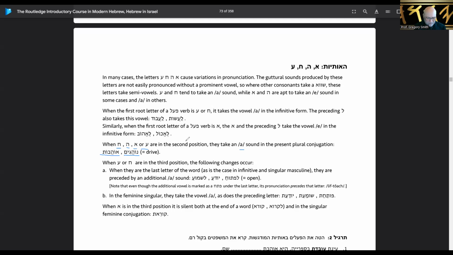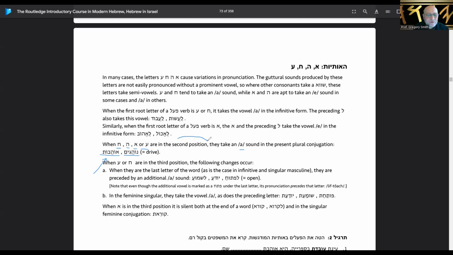Labaita. אנחנו נוהגים לביתה. We drive home. Okay, so that's got to be in the present then. And the same thing for ohavot. So that's to love. Isn't that something?